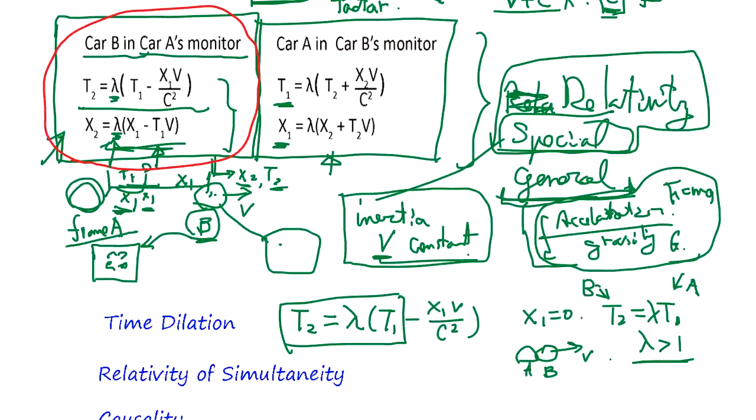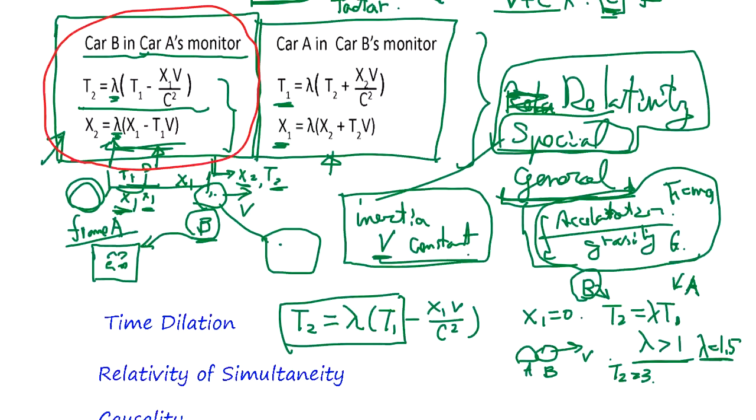Okay, so something happened inside B. It took t2 time, say 3 seconds. Okay, and now we assume lambda is 1.5.